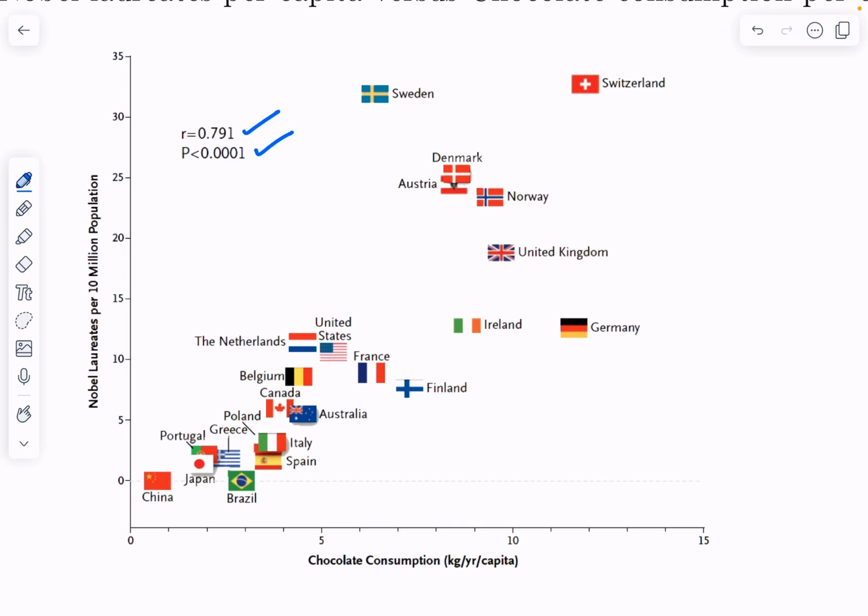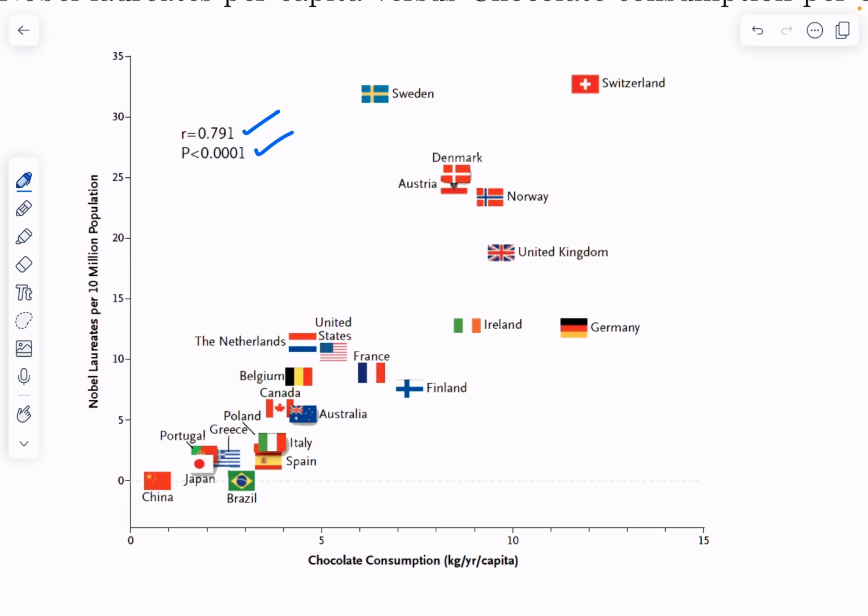But yet, we have to ask ourselves, sure, there seems to be a relationship between Nobel laureates per capita and chocolate consumption per capita. Okay, but is that a causal relationship? Does eating chocolate increase the chances of winning a Nobel Prize? And obviously that is not the case.